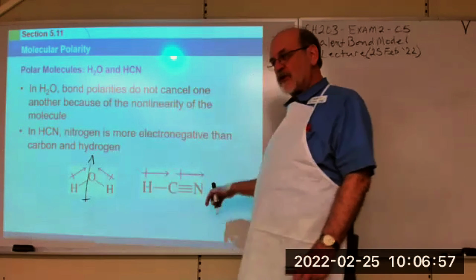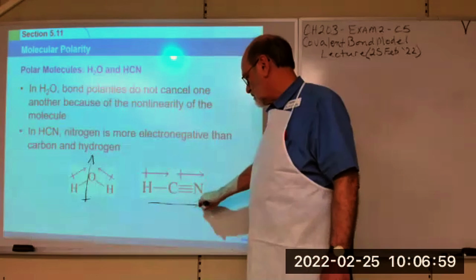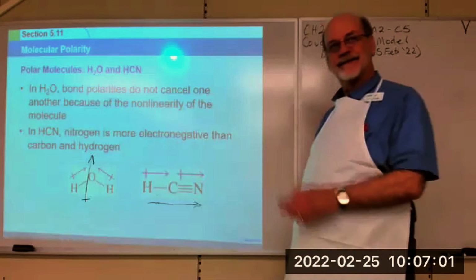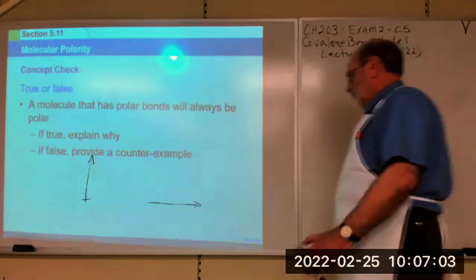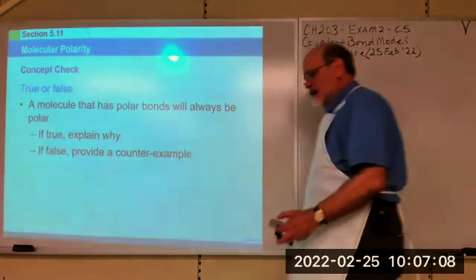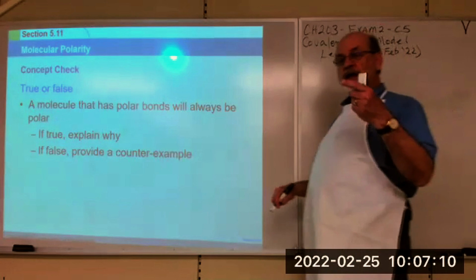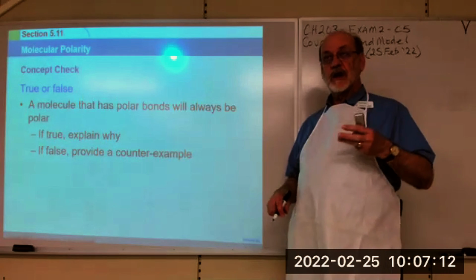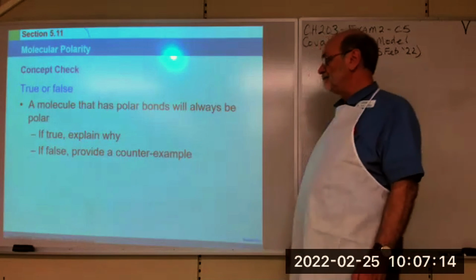So they add up to a polarity in this direction. Okay. So there again, we need to know the polarity of the bonds and the geometry to determine if a molecule is polar or nonpolar.